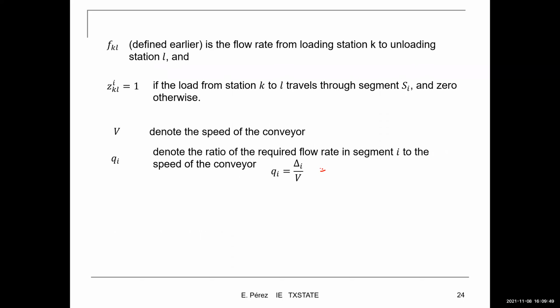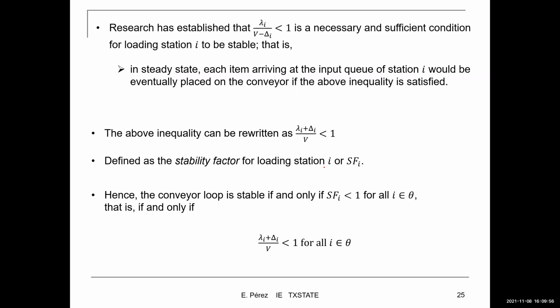So that is equal to delta I divided by V. In practice and in research, it has been established that if lambda I divided by the velocity minus delta I is less than 1, that is a necessary and sufficient condition for loading station I to be stable.